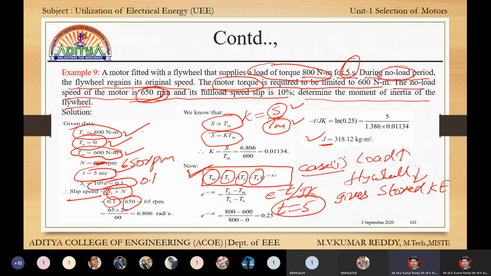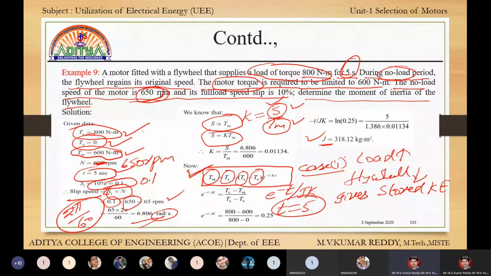That is 0.1 into 650 RPM. But we have to find it in radians per second, so multiply by 2 pi by 60. Hence the value is 6.806. That is the slip speed.